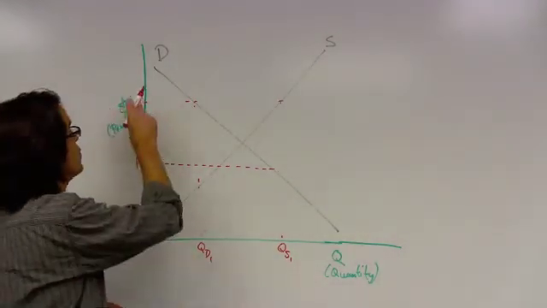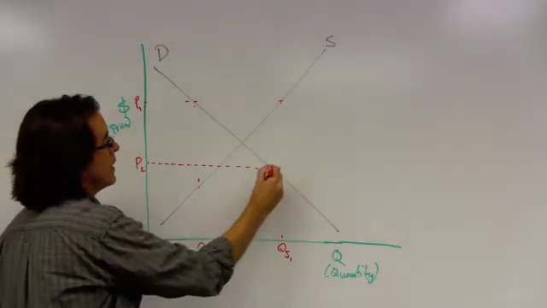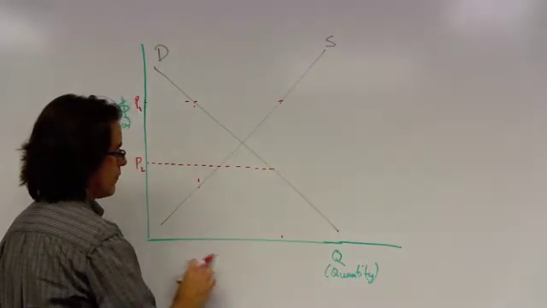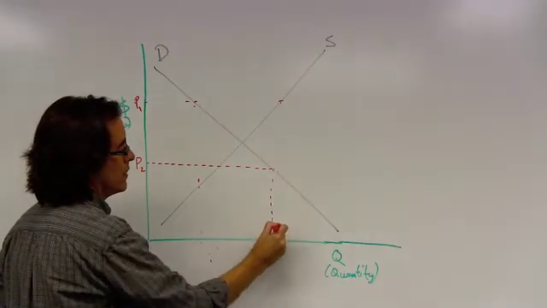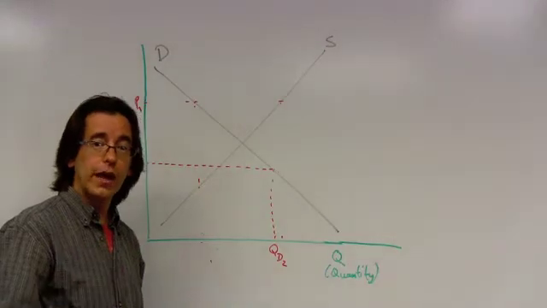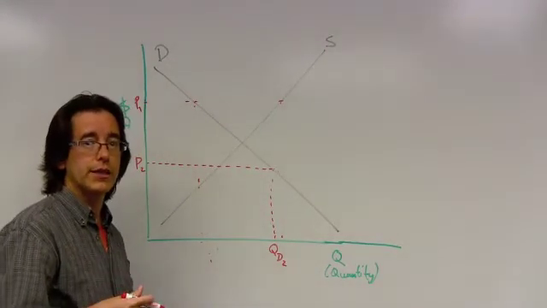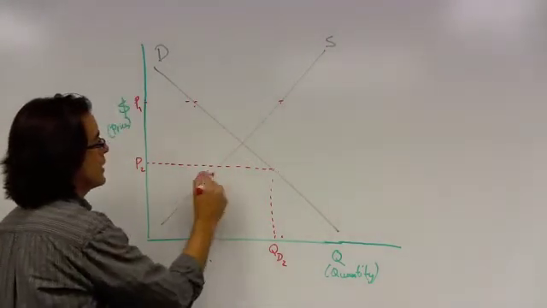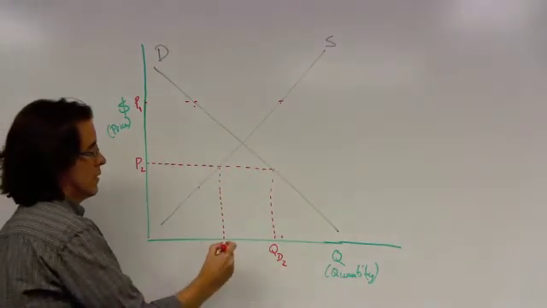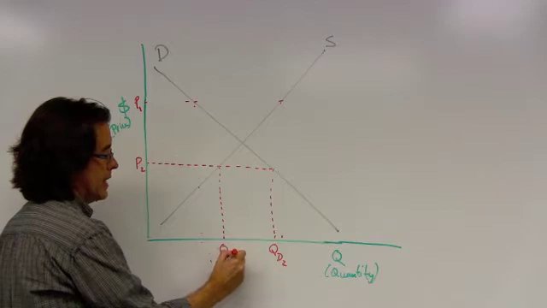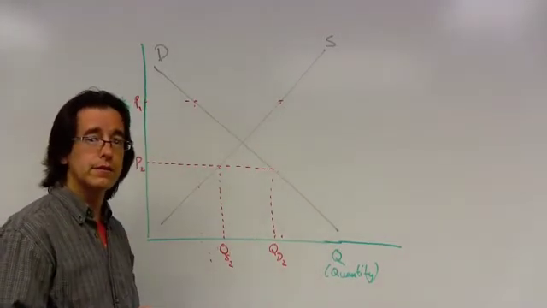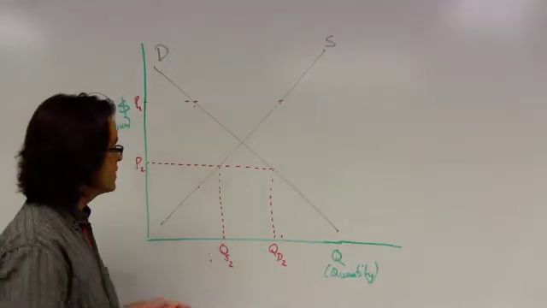At the price P2, which was below P1, consumers are now demanding a larger amount of the good than before because the price has come down. Conversely, producers are supplying less than they did before because the price has come down, which again makes sense.